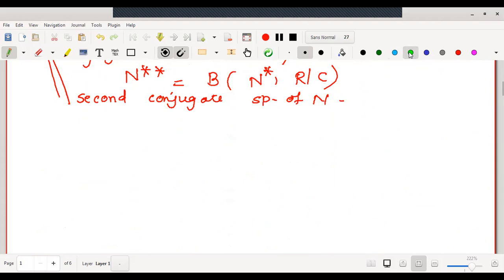This theorem was given by a pair of mathematicians, Hans Hahn and Stefan Banach, who proposed this lemma and theorem.